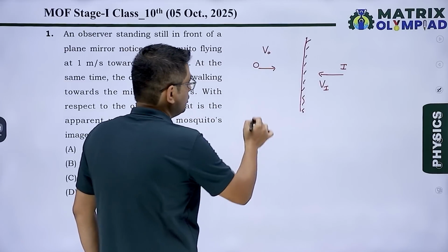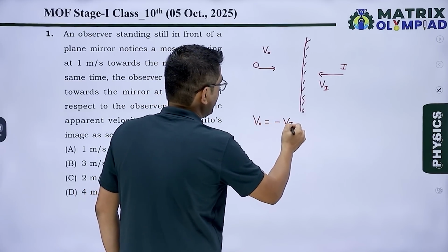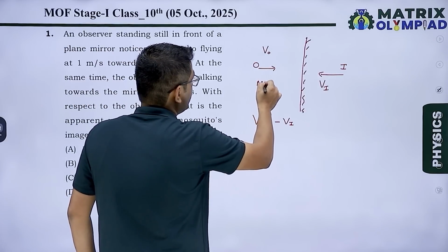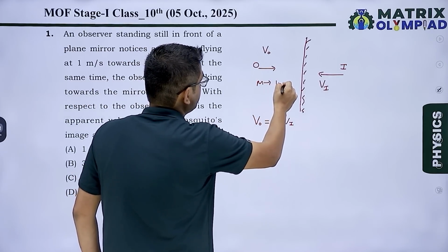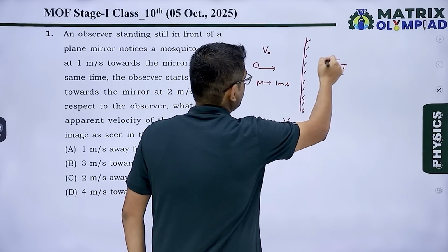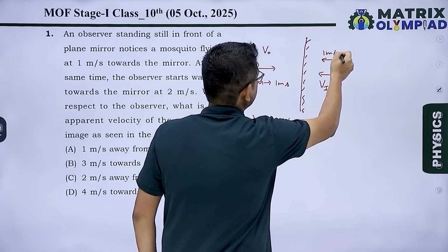As we know, VO is equal to minus VI. So as the mosquito is moving with a speed of 1 meter per second, the image will also move with a speed or velocity of 1 meter per second.